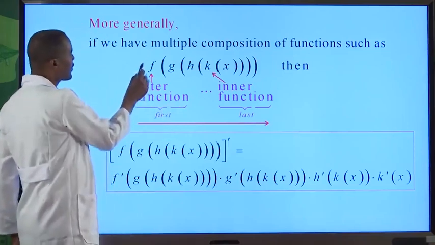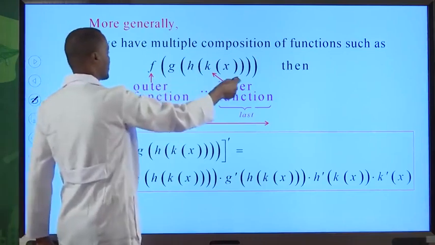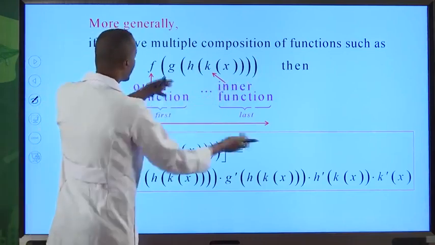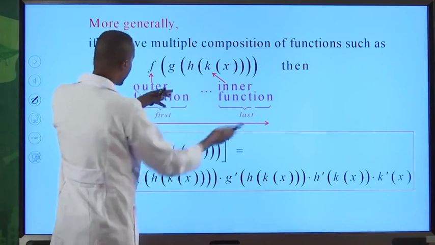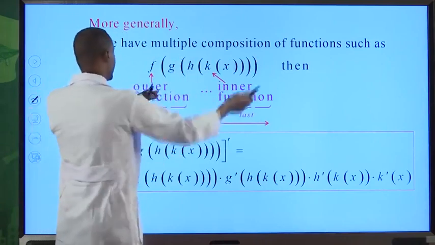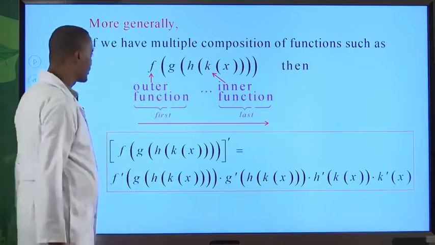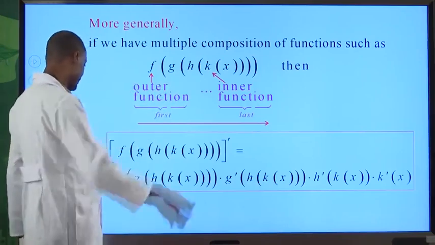If we have a function f of g of h of k of x, that k of x is an argument of h, h of k of x is an argument of g, and g of h of k of x is an argument of f. That is the way one function is composed within another function.